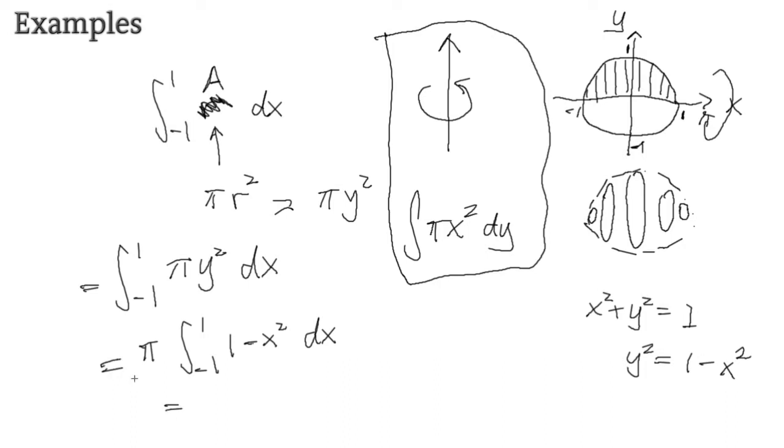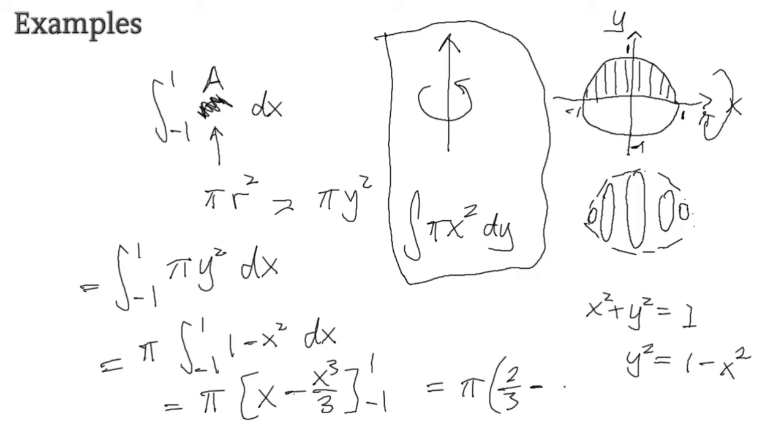Which is pi times x take x cubed on 3, between 1 and -1. So x is 1 take 1/3 is 2/3, then take away a negative 2/3, and guess what?